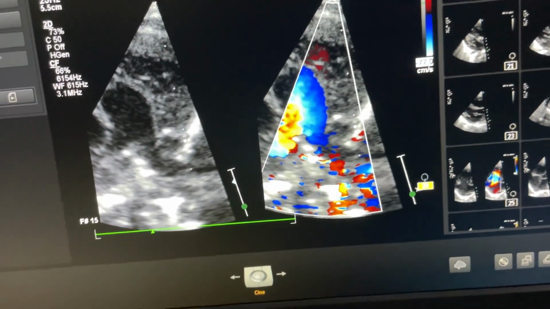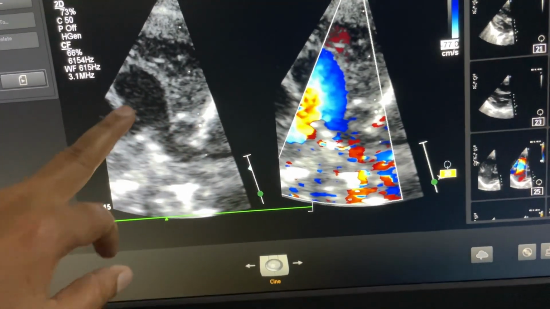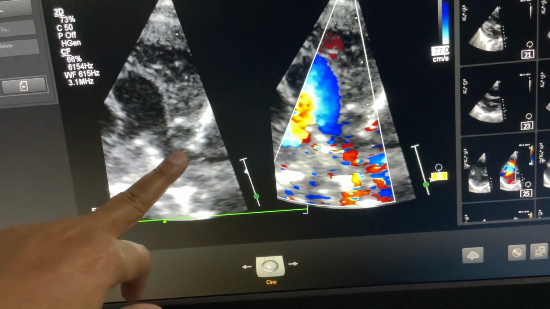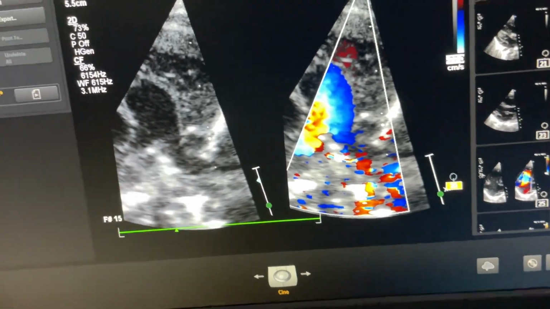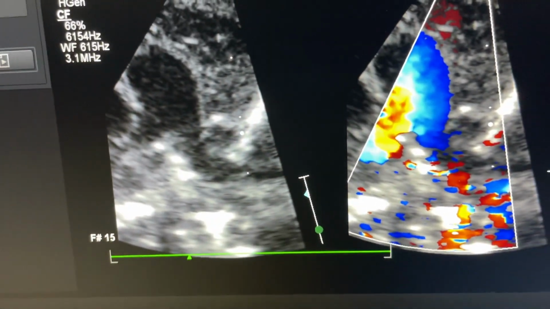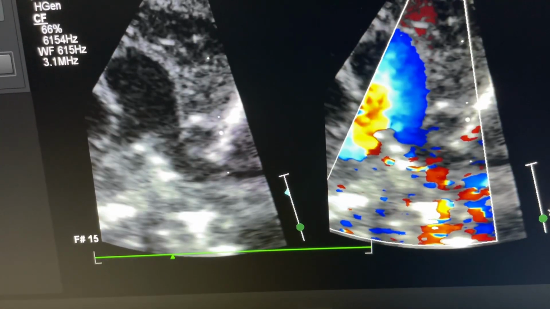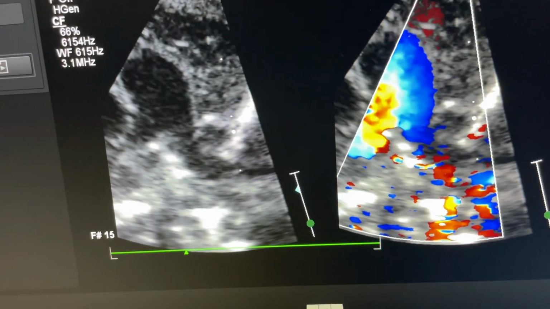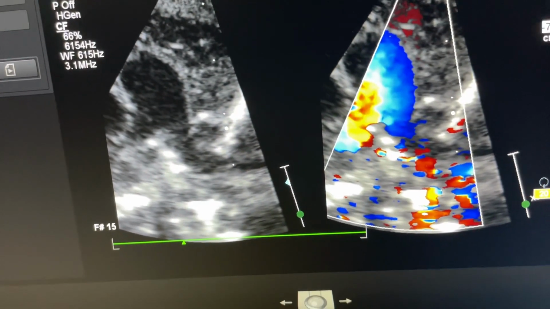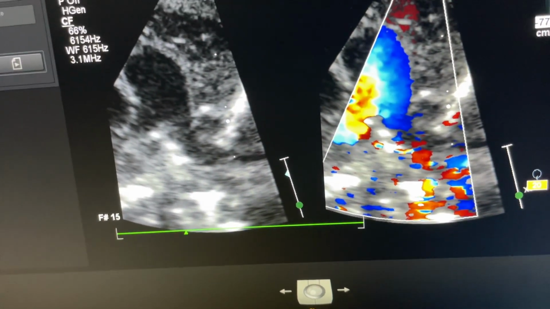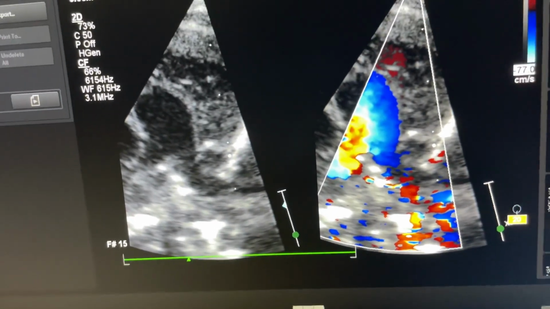You see here this is right main pulmonary artery, right pulmonary, left pulmonary artery, and this structure is anterior to left pulmonary artery. So this image shows that coronary sinus is dilated because of left-sided vena cava.